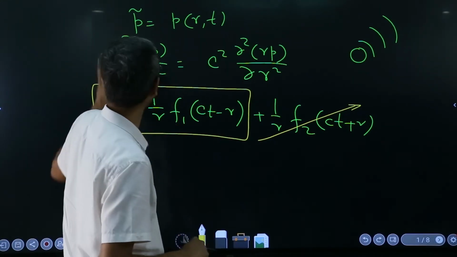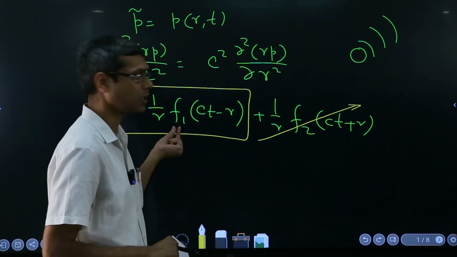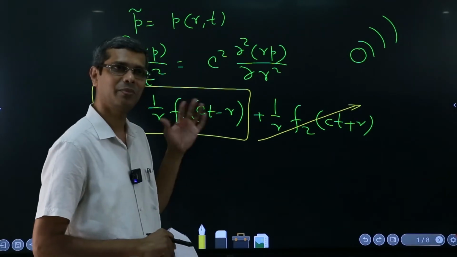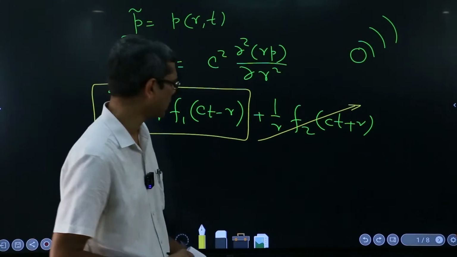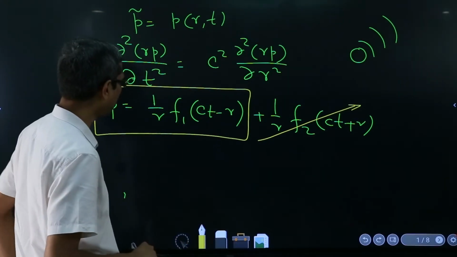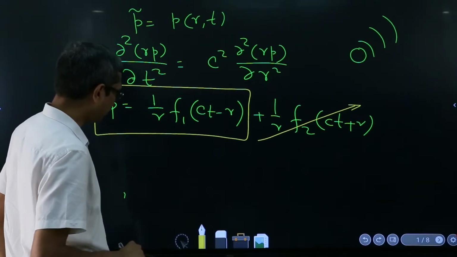Because till now whatever we are discussing is general. This function could be anything. When we use omega t, that means we are actually talking about sinusoidal oscillations. Up to this point we are completely general; this function could be any function of time.